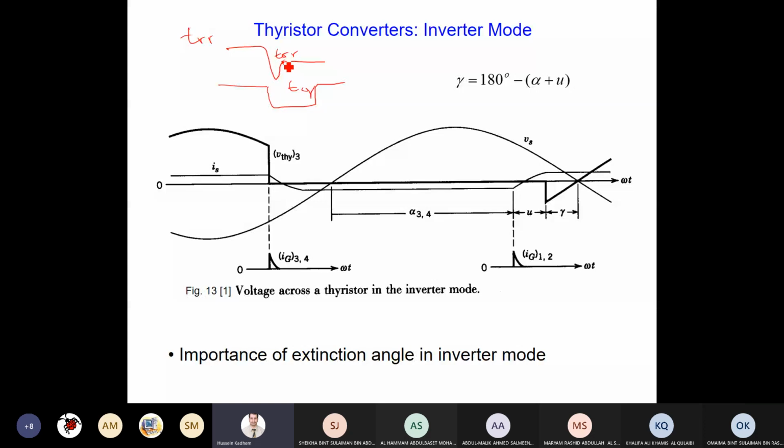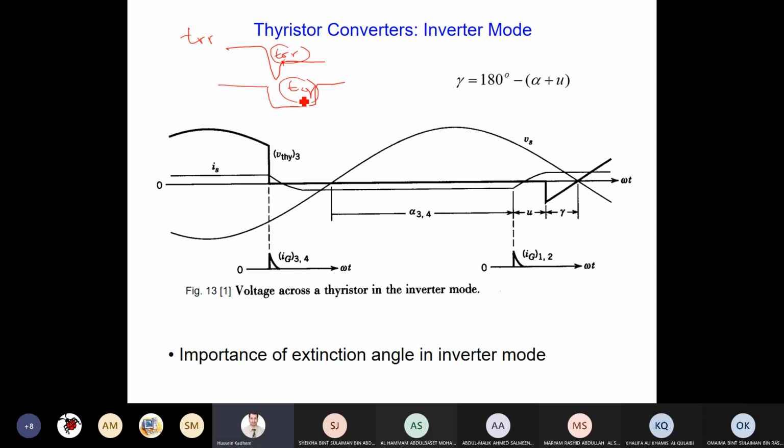The diode will be off when we finish the reverse recovery time. But the thyristor needs more time, TQ, because there is still some charge in the internal junction that needs to be recovered, then the thyristor will be off. Otherwise, if we change the voltage back to forward voltage, the thyristor will conduct without any triggering because it's not off yet.